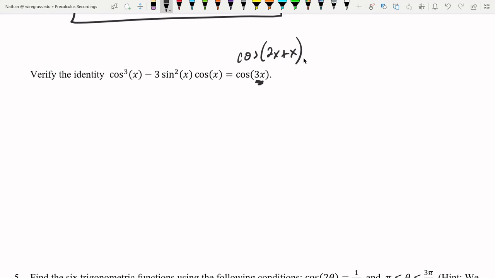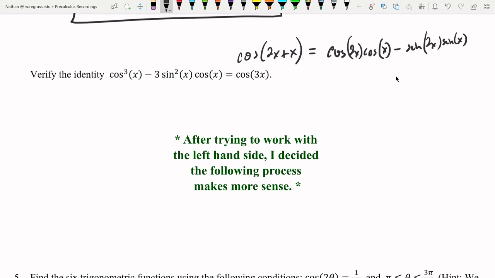Now, for cosine of that sum, we know it's going to be cosine 2x cosine x minus sine 2x sine x.